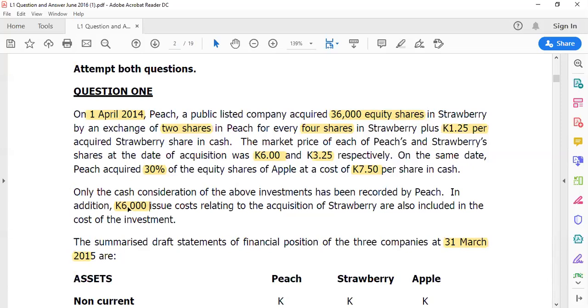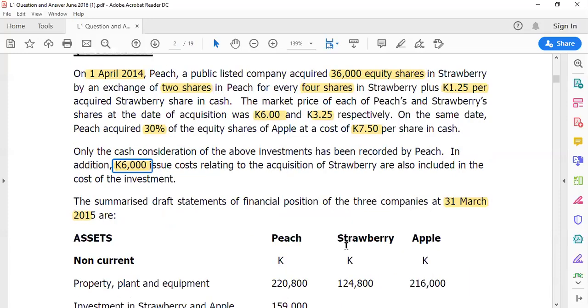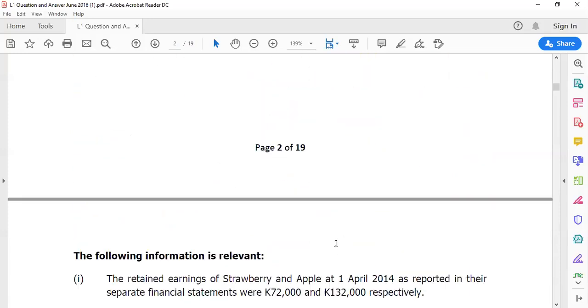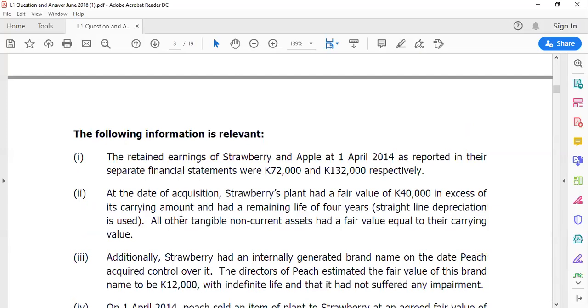So this figure here, we are going to reduce it from the group retained earnings, the 6,000. It is a cost. It is an expense. We must reduce it at all costs. Don't forget that. So there we go. Group retained earnings, 6,000.